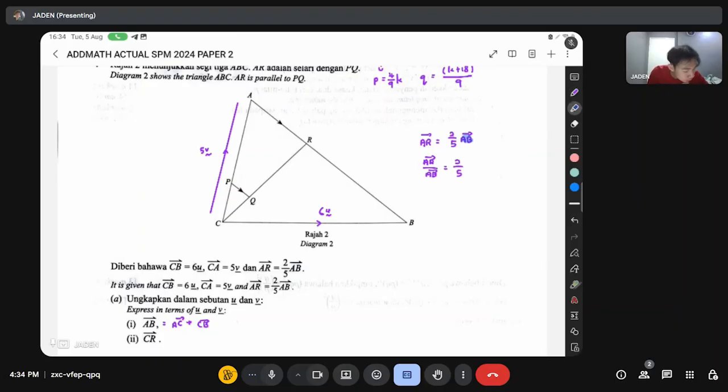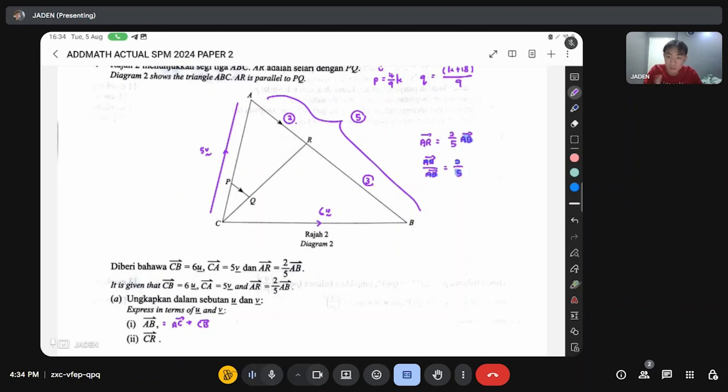So you see, AB is 5, AR is 2. That means the entire line stands for ratio 5. AR is ratio 2. A to R alone is 2. So that means R to B is 3, because 5 minus 2 is 3. That is how you want to interpret your questions.